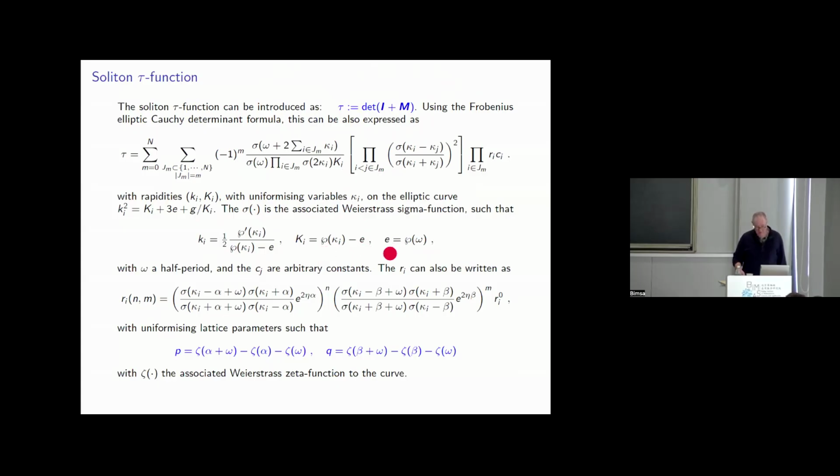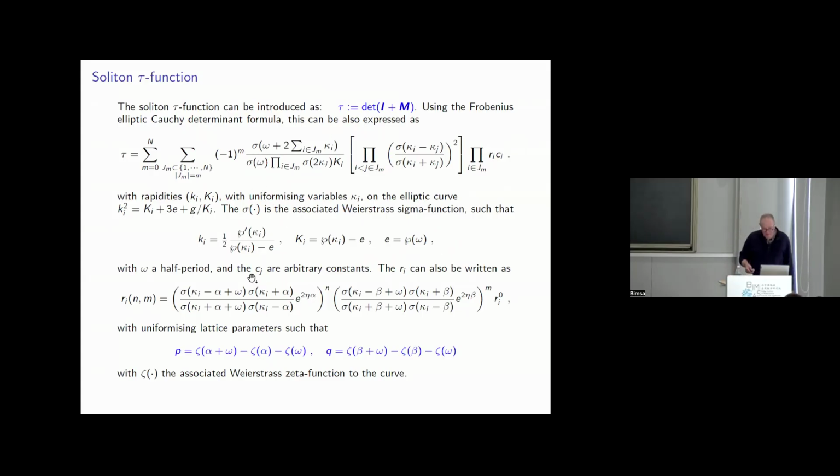So E is a particular branch point with half period omega, and that allows you to write the soliton solution in a kind of Hirota form, which is this particular expression. That is in terms of the Weierstrass sigma function.